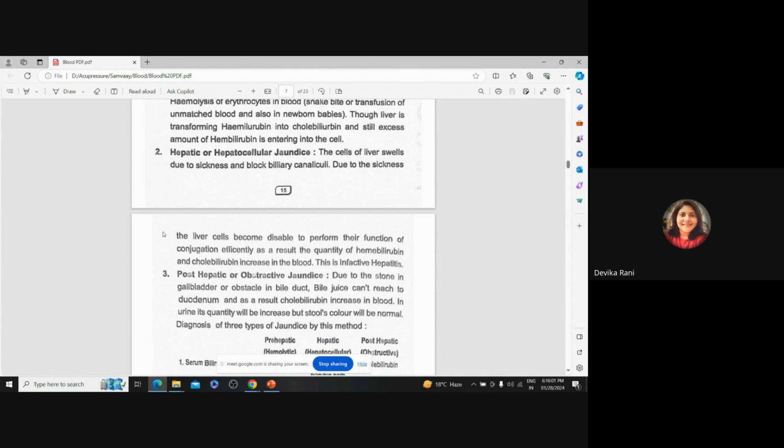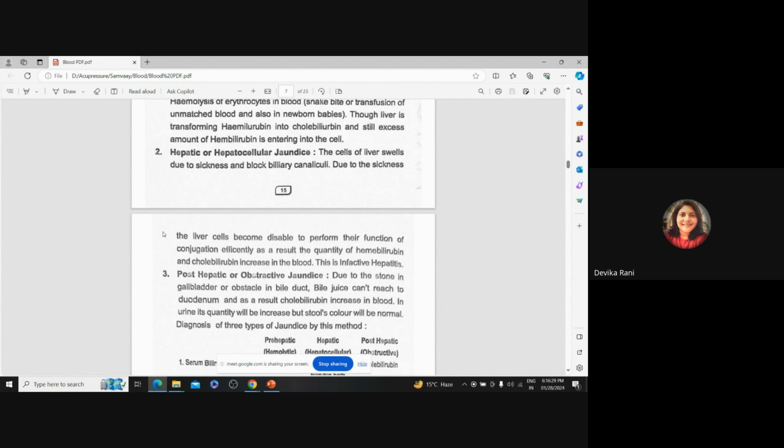Now, post hepatic or obstructive jaundice. Now, when you say obstructive, due to some obstruction, like a stone in the gallbladder or obstacle in the bile duct, bile juice cannot reach the duodenum, and as a result, cold bilirubin increases in blood. Now, we had read earlier that cold bilirubin through the bile juice reaches the duodenum, but here it is not able to reach.